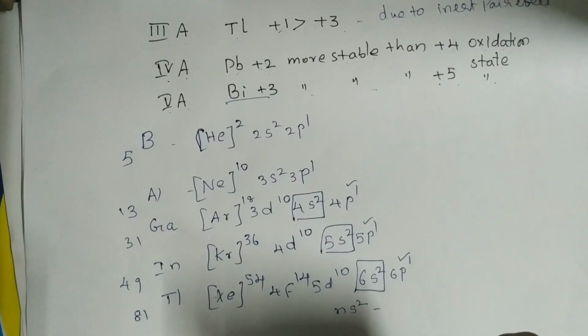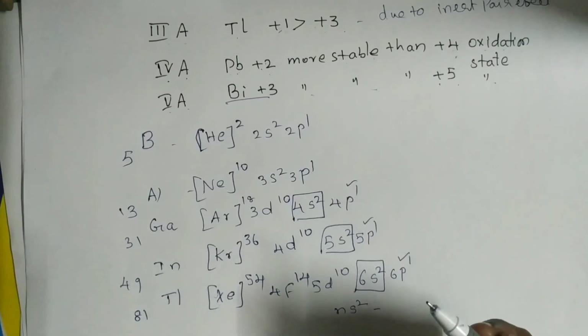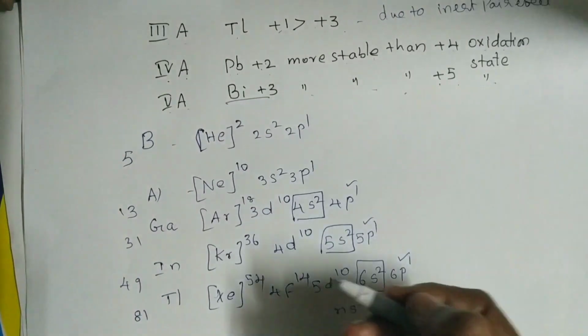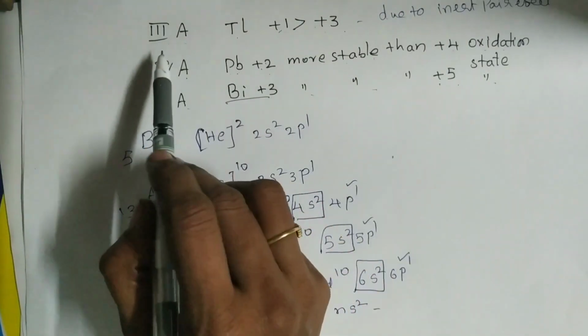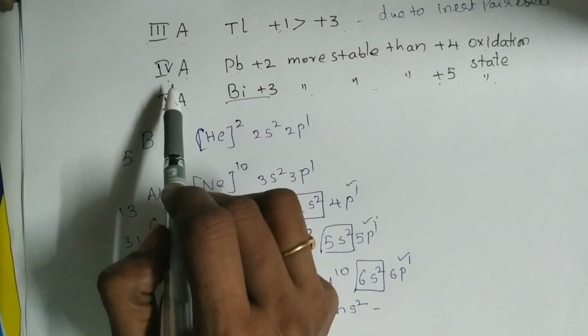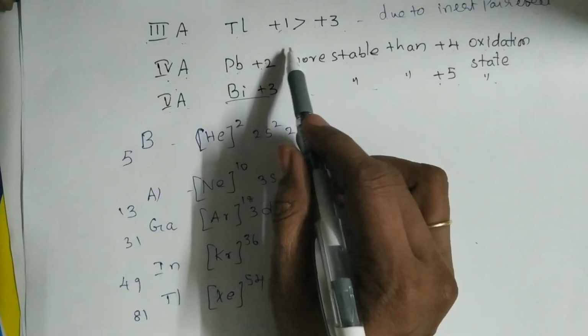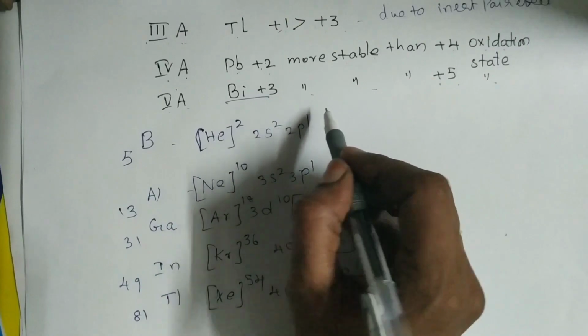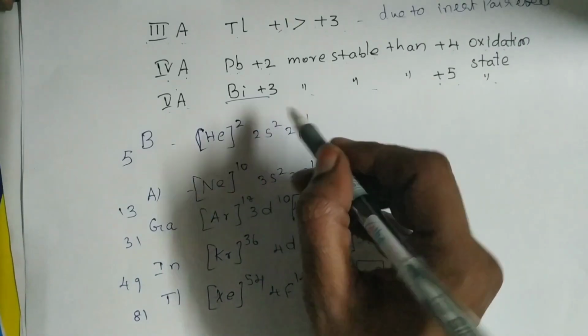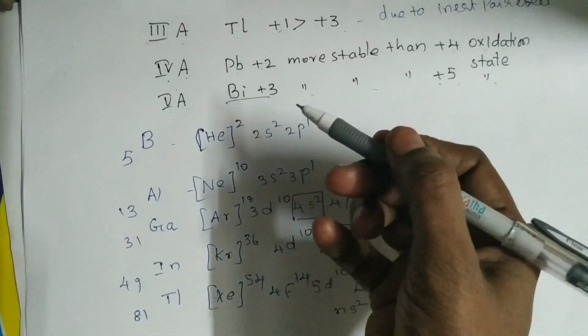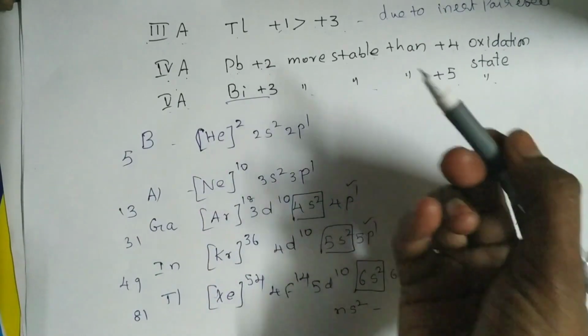Reluctance means unwilling to take part in bond formation. That is the reason, due to all these reasons, some elements, especially in the p block 4th, 5th, 6th periods, will have two oxidation states also. The higher oxidation state will be less stable and the lower oxidation state will be more stable.